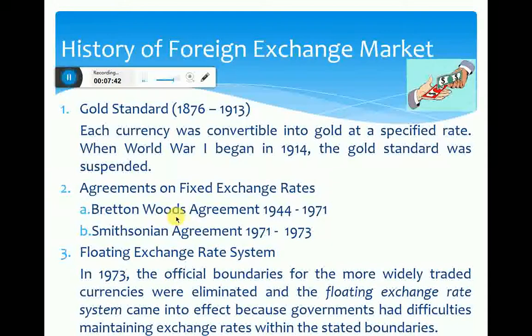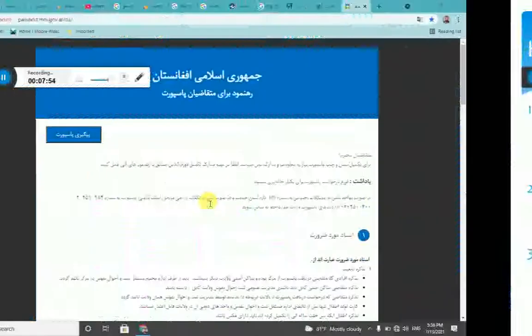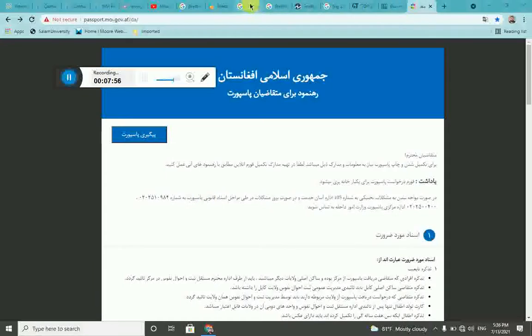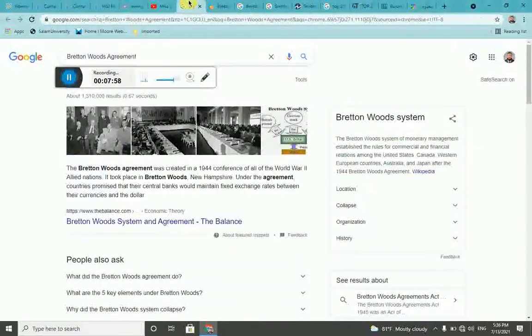This agreement was basically initiated by the Bretton Woods institutions. Let's talk about it here. Bretton Woods, it's a Google search, you can see there was a conference by the name of the Bretton Woods Agreement Conference.